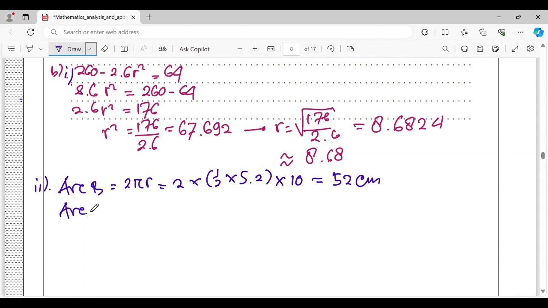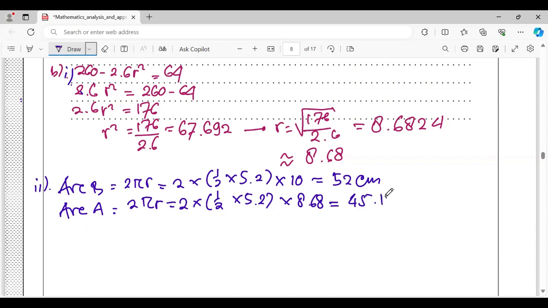And arc A, r theta, 5.2 times 8.68 equals 45.138 centimeters.